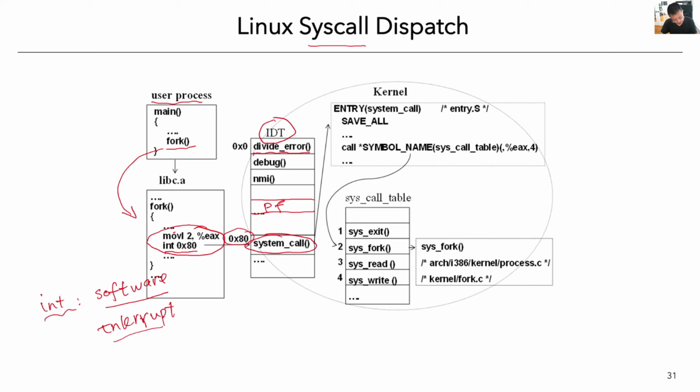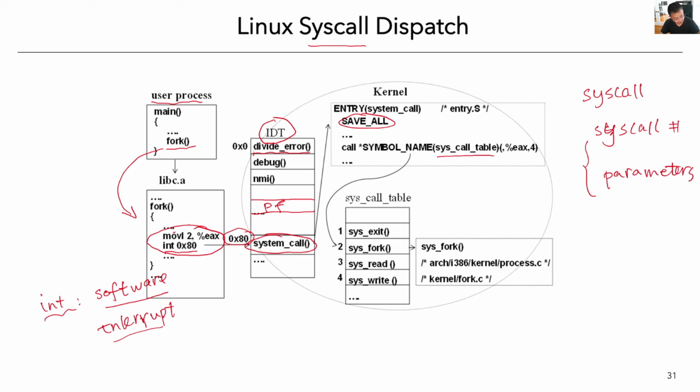The syscall handler will save the state to the kernel stack and call the syscall table. The syscall table is also a table, right? For each syscall, it has a syscall number and also a number of parameters.